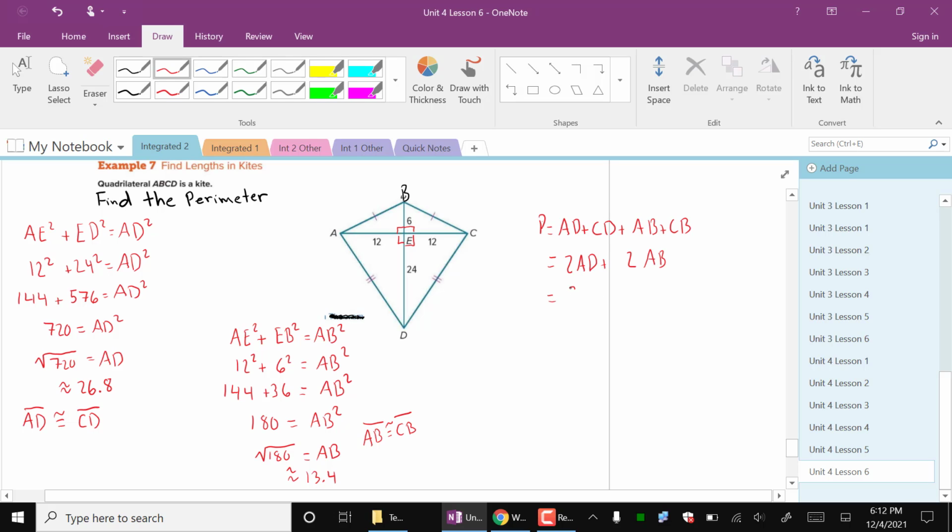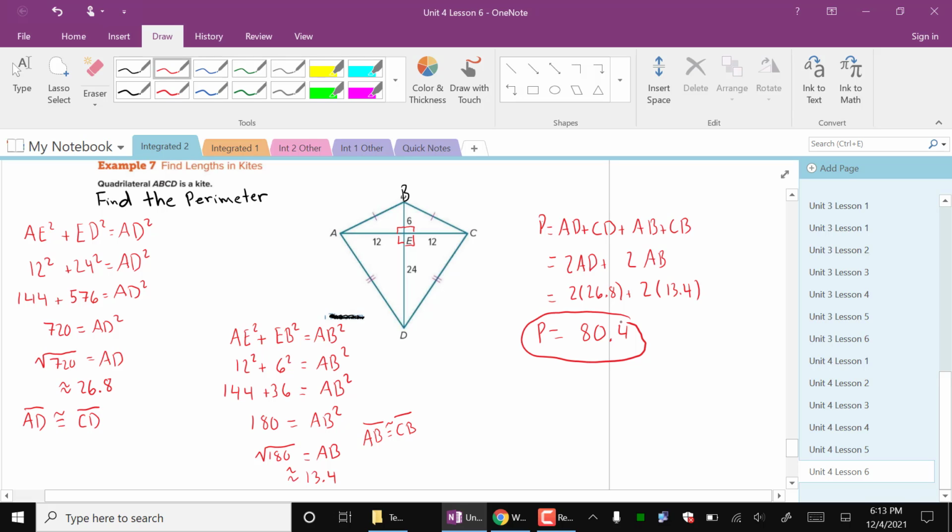That gives me 2 times 26.8 plus 2 times 13.4, which gives you a total of 80.4. So the perimeter of this kite is 80.4.